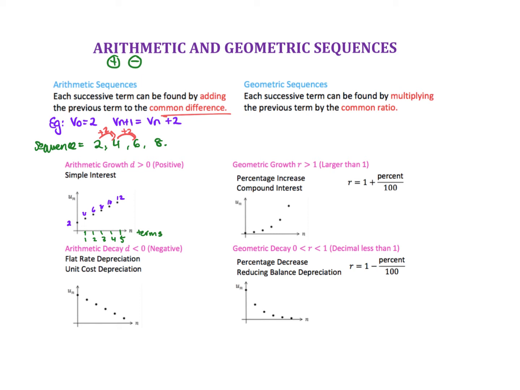You can see you're always adding, so it actually is a straight line, isn't it? So an arithmetic sequence is a straight line. You might want to write that there. And this is a growth one: a straight line up, growth, where you're adding the same amount.